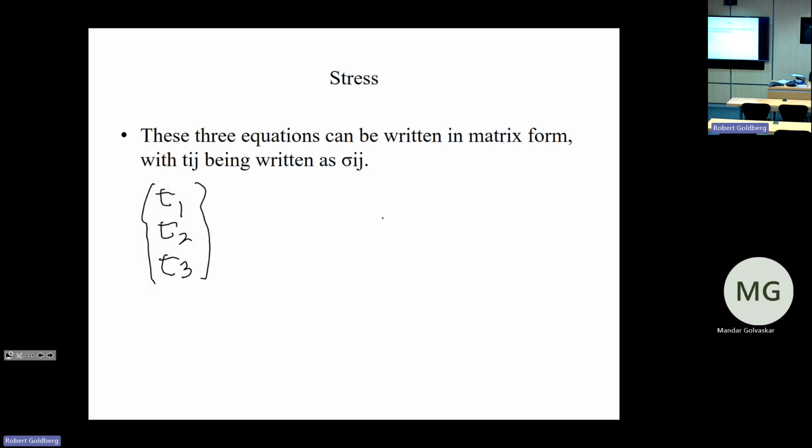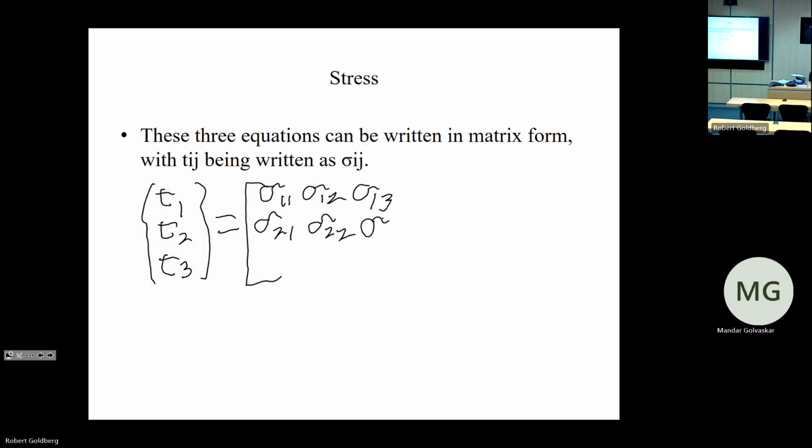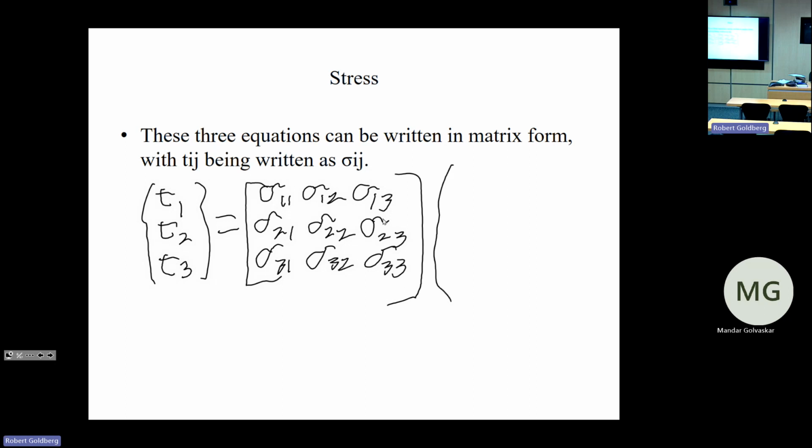So we can say our three vectors are equal to our matrix sigma 1,1, sigma 1,2, sigma 1,3, sigma 2,1, sigma 2,2, sigma 2,3, sigma 3,1, sigma 3,2, sigma 3,3, all multiplied by our normal vectors n1, n2, and n3.